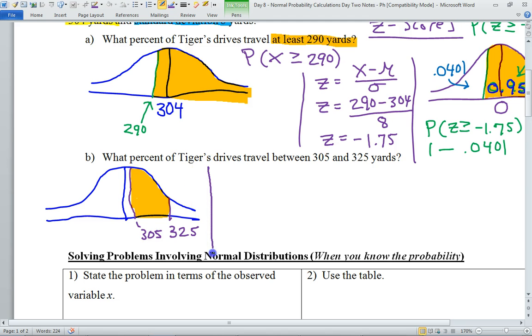Okay, so here come z-scores. I'll call this first one Z1. So for my first z-score, I'm going to do 305 minus 304. Remember, that's the mean. Over, what was it, 8? Yeah.